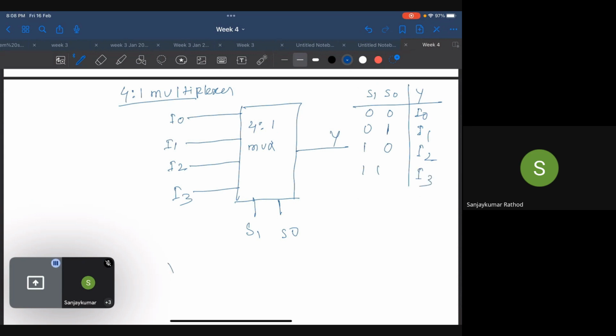So the expression will be S1 bar S0 bar I0 plus S1 bar S0 I1 plus S1 S0 bar I2 plus S1 S0 I3. So the 4 cross 1 multiplexer is clear for everyone.